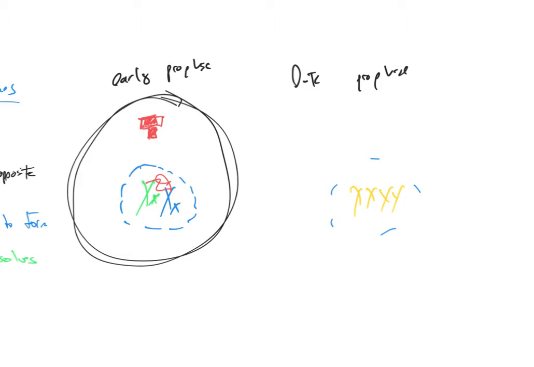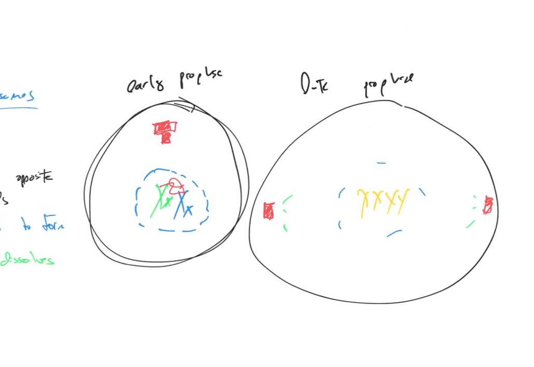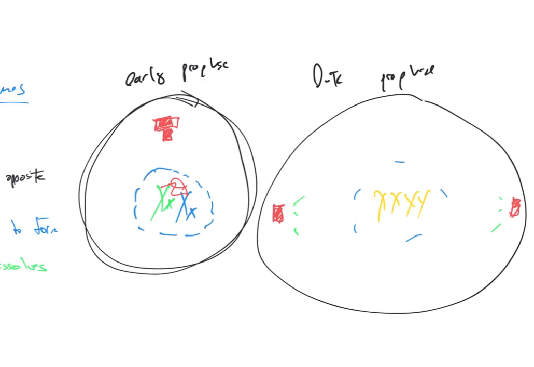My centrioles are on opposite ends, and the spindles begin to form. So this is early versus late prophase. Like I said, this is Act 1 of the play.